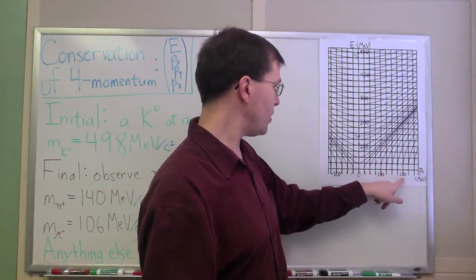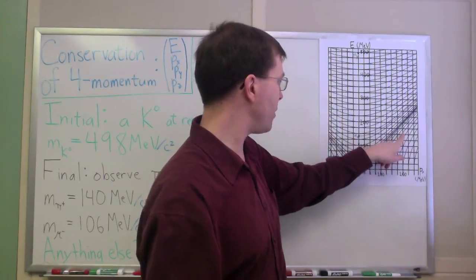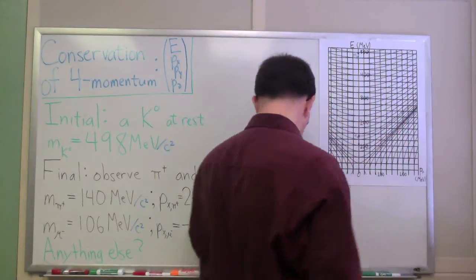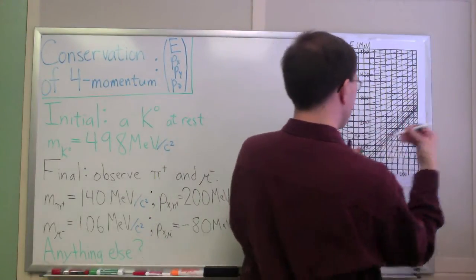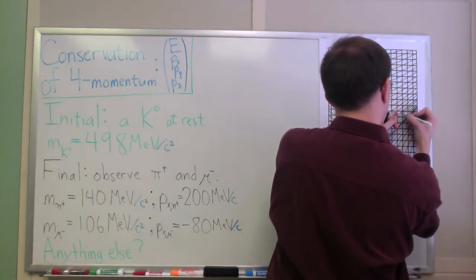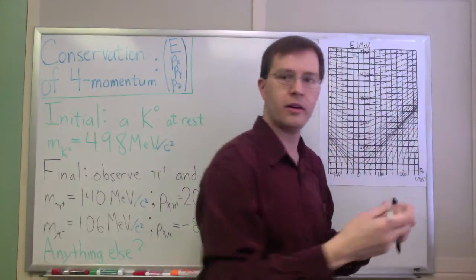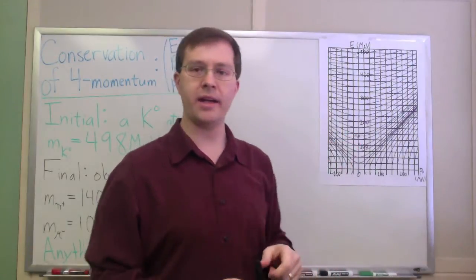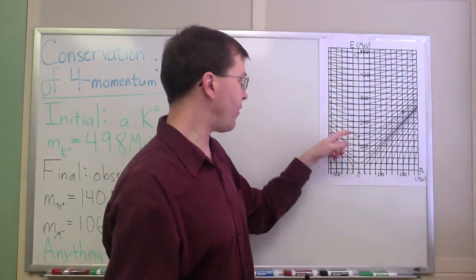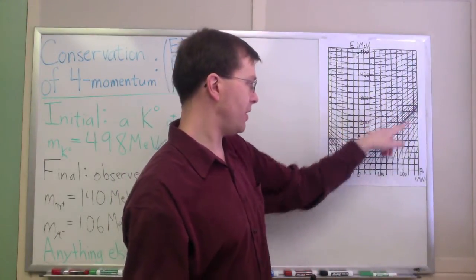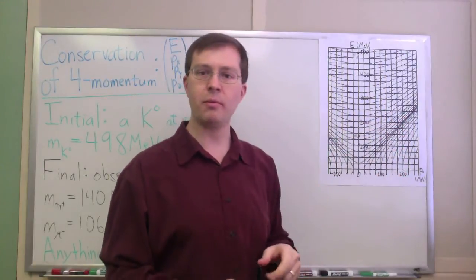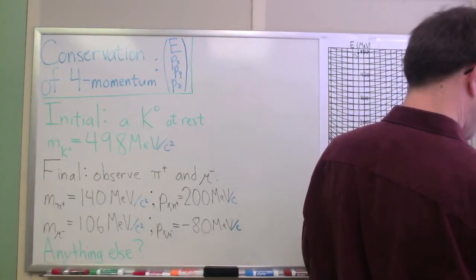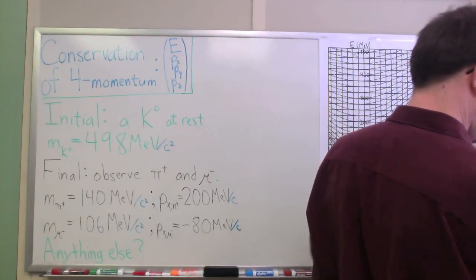And what I need to do is take the 200 MeV mark up and follow it until it intersects right there. Maybe I can find some color to use. Here we go. Right around there is the point where the actual four-momentum of my pion is. Again, all I did was follow the pion's mass hyperbola up until I got to the x momentum that I expected. And I suppose I could jot down what that would look like.